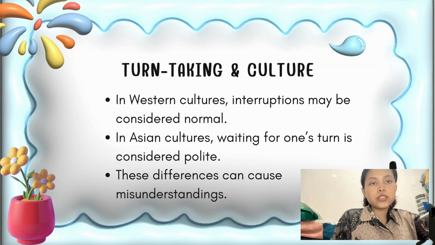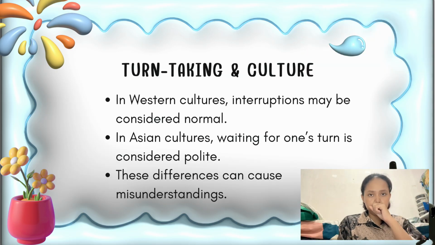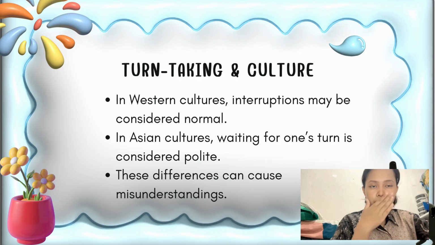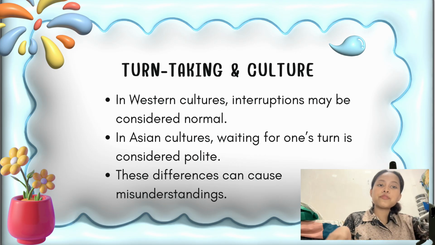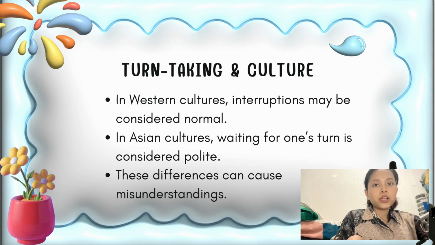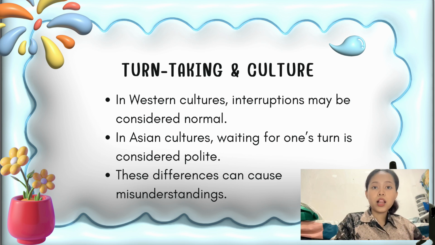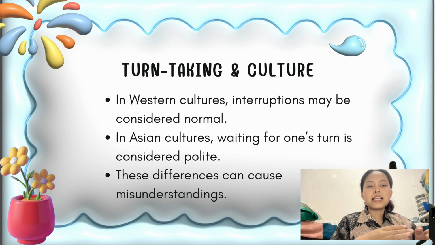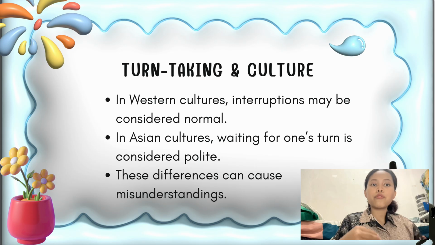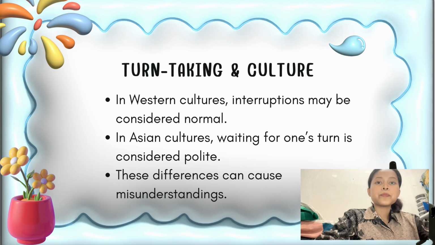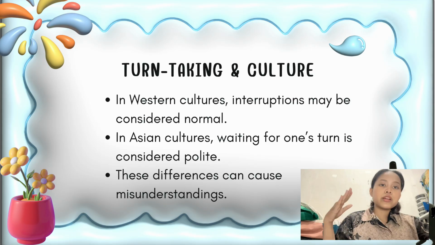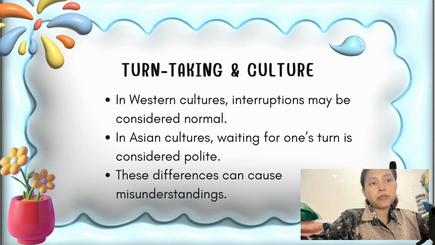Let's look at turn taking and culture. Turn-taking is also influenced by culture. In Western culture, interrupting may be considered normal, but in Asian culture, waiting for one's turn is considered polite. Because of this difference, misunderstanding can happen in cross-cultural communication.